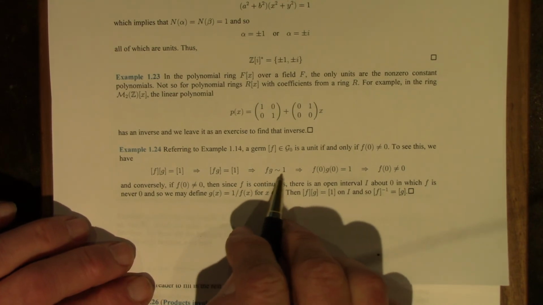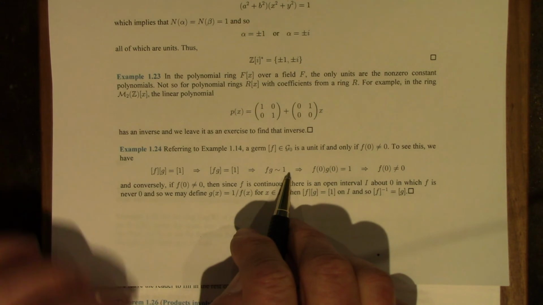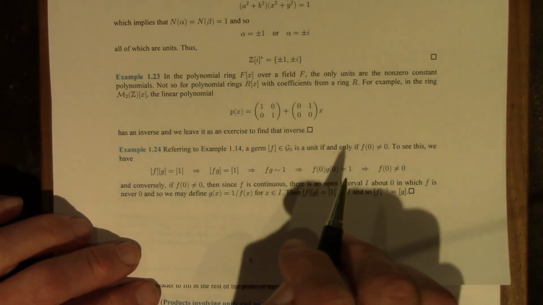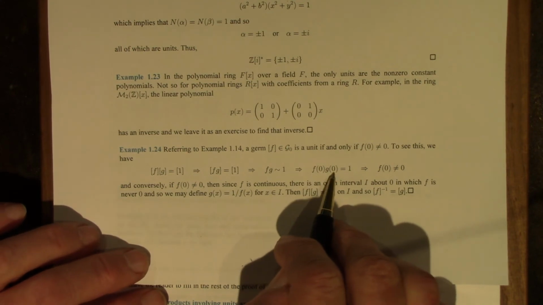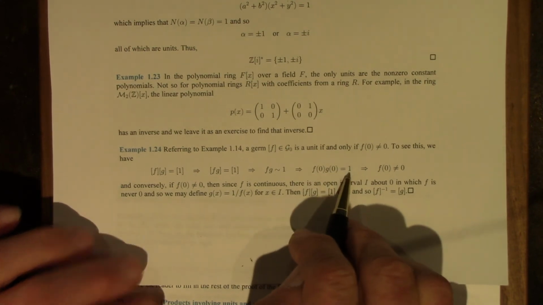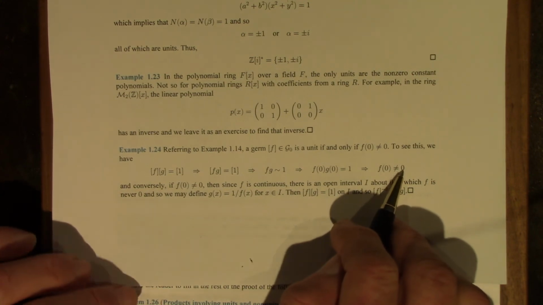And that means that the two agree on some open interval around the origin. And so they agree at the origin, which means this product must equal 1. And so f of 0 is non-zero.